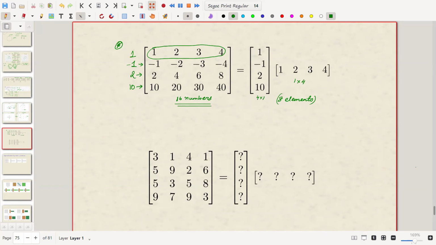Okay, so the idea is you had this matrix A, and this is of size 4 cross 4. That means it has 16 elements. What I'm saying to you now is this matrix is something nicer.